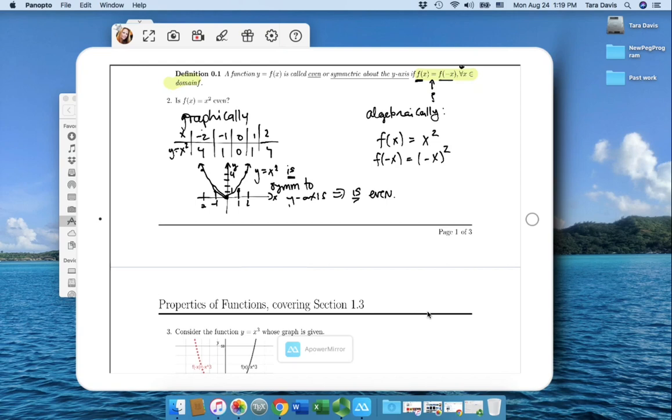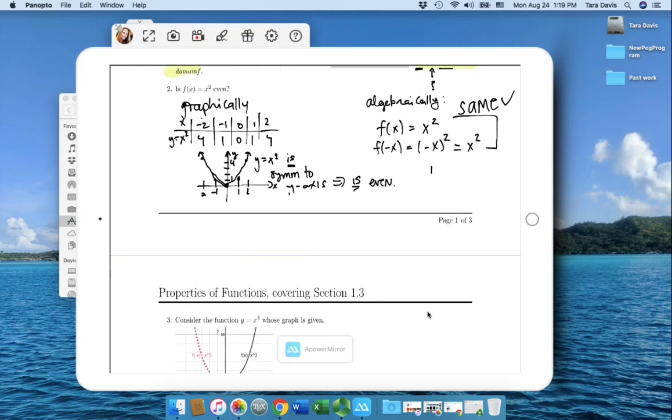And then by simplification, this is minus x times minus x. So this equals x squared. So then you check and you see, are they the same? In this case, they are the same. And so that means that the function is even, which we already knew, but now we saw it a different way.